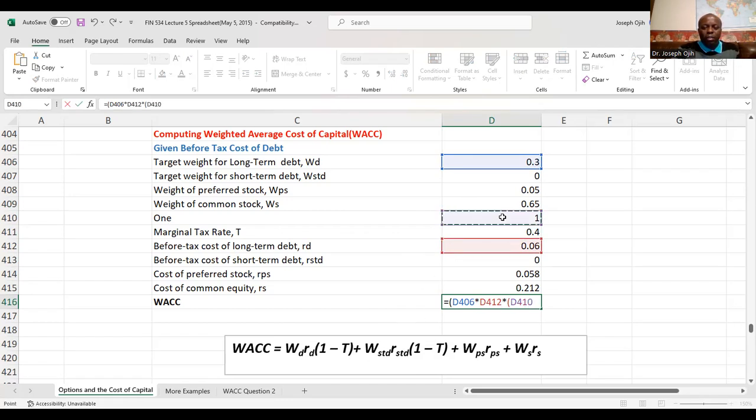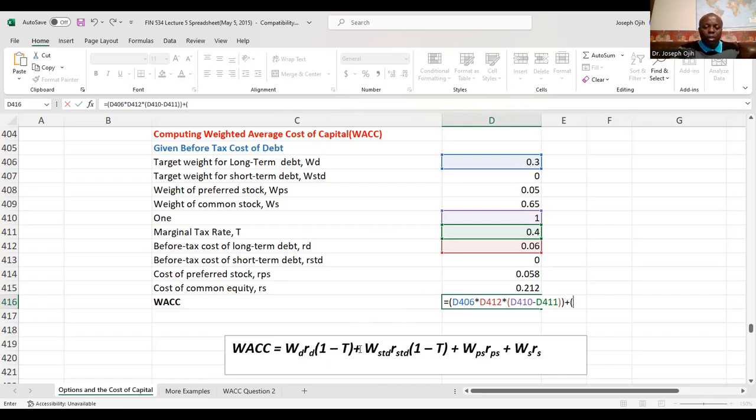See 1 right here, minus the tax rate of 40%. See, 1 minus T. Then close it. Make sure that you close it so that it will be standing alone. Like this one is standing alone now. Then we're gonna put plus.